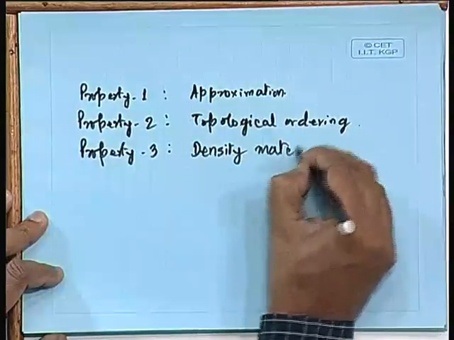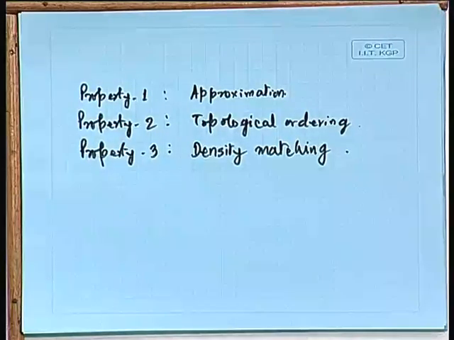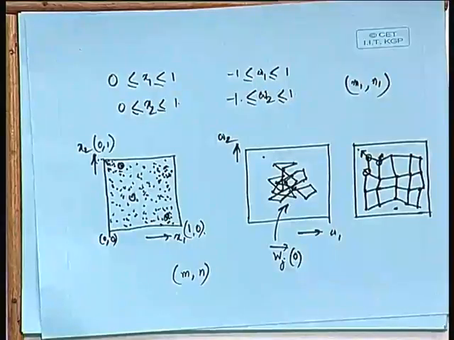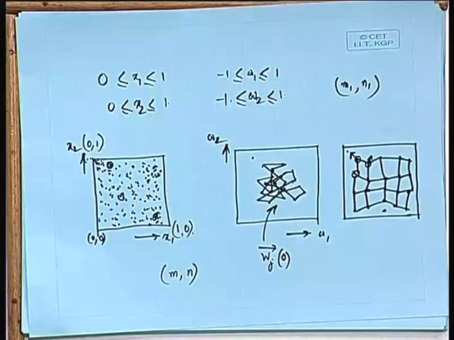Now, just to explain what density matching really means, let us go back again to this diagram. Here what I intended to do initially was to make this x1 x2 vector distributed in a uniform way. I mean we wanted to have a uniform distribution of the x1 x2 vector in this x1 x2 space, but we could not make it uniform.